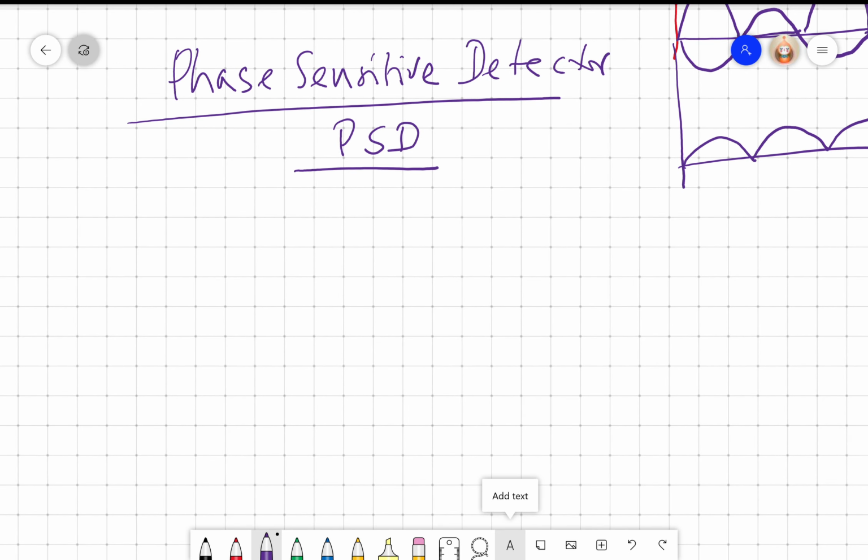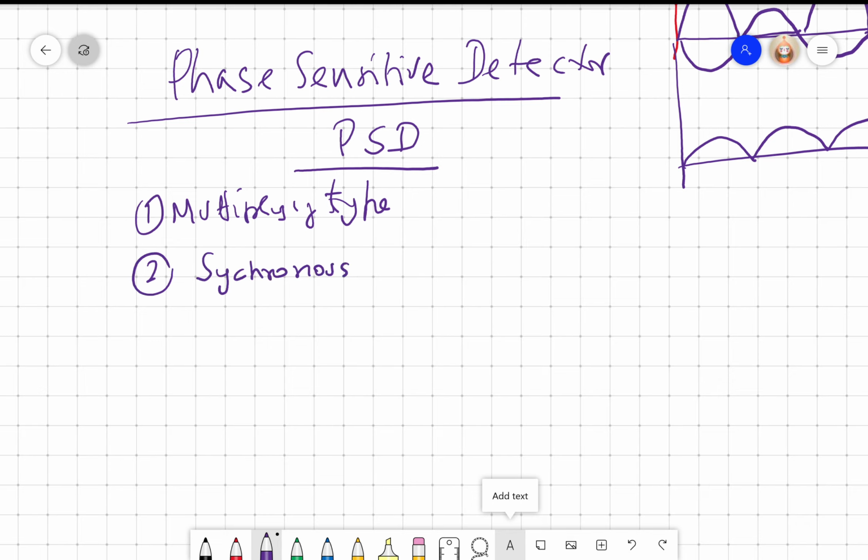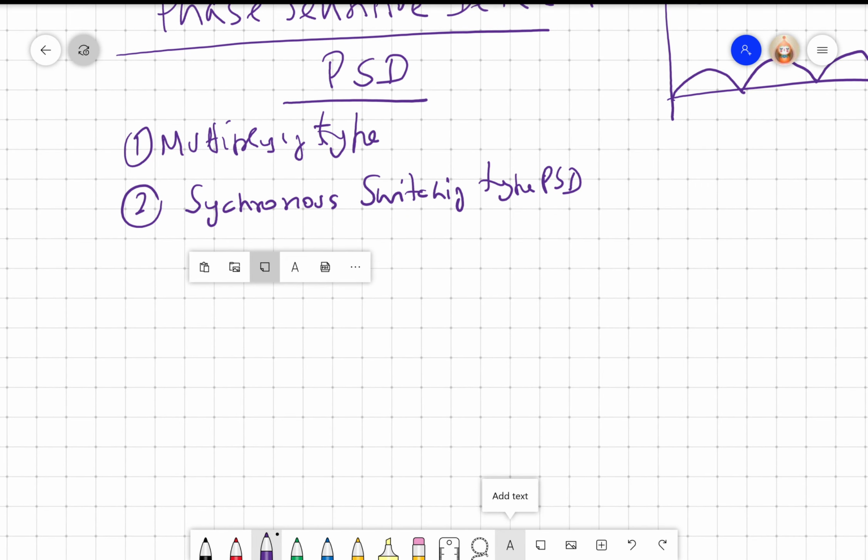There are two types of PSDs. One is called multiplying type, the other is called synchronous switching type PSD. Right? Let's see.